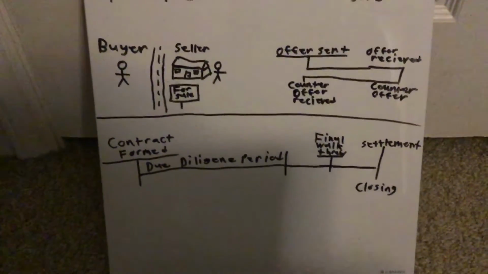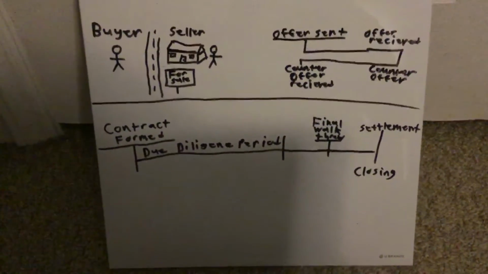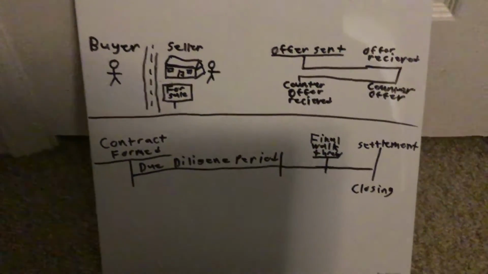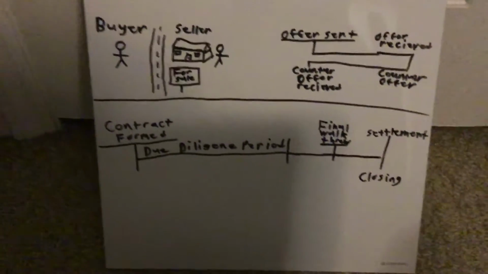But once a contract is formed, what begins is the due diligence period. Now, this to me is one of the most important parts of a real estate contract, because the due diligence period is the period in which the buyer should conduct their due diligence.